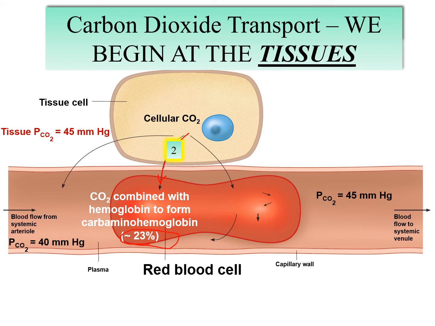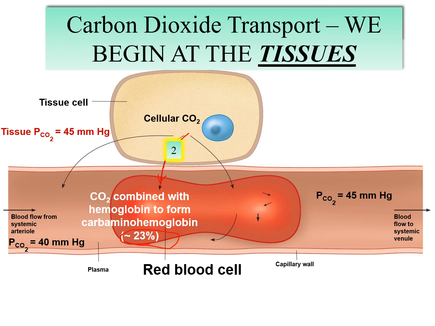This is going to bind at another location on the hemoglobin molecule. I think it's somewhere on the polypeptide, somewhere else besides where the heme group is. Okay, so it's not competing for the iron, competing with the oxygen. It's binding at a different place.